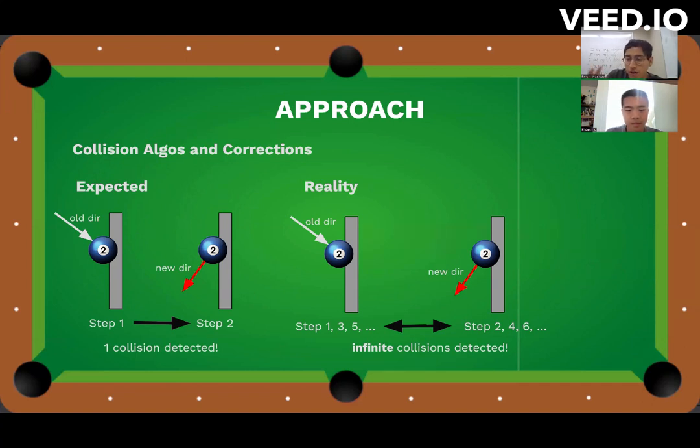And so it's going to alternate between these two states essentially forever, and the ball will never actually move. It'll just stay right there. To fix this, we simply clamped the position once we found a collision, so that on the next iteration, it would not consider it a collision, and then it would move as expected.